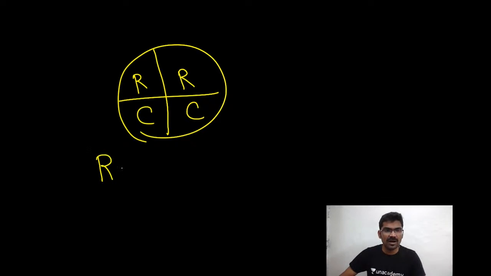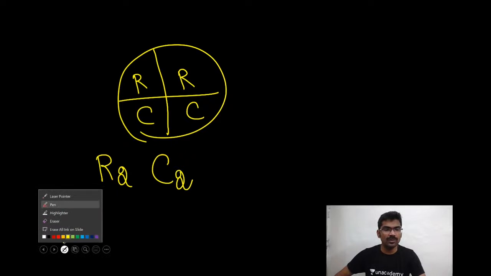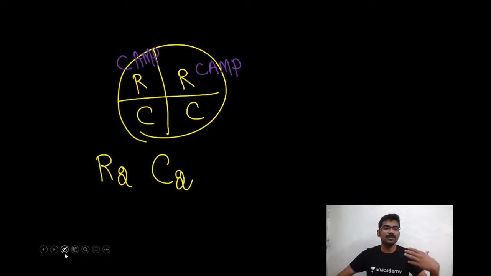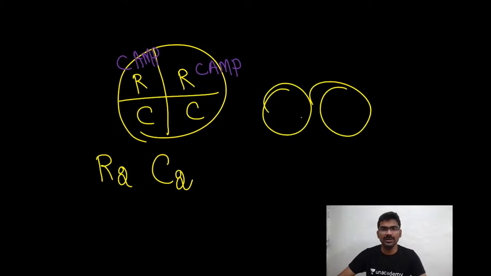We call this R2C2. This protein is involved in signal transduction. Let me give more clue. Cyclic AMP will go and bind to this protein. Once cyclic AMP binds to this protein, the regulatory subunits dissociate from the catalytic subunits, so the catalytic subunits are freed.